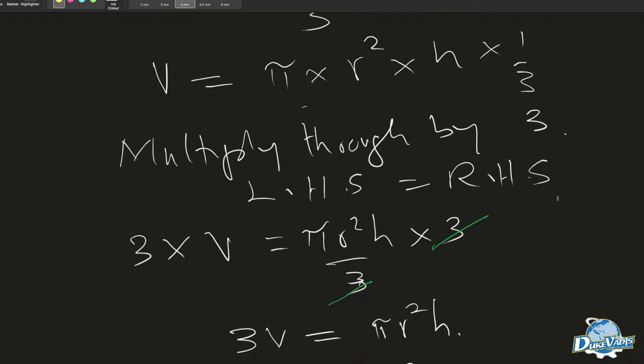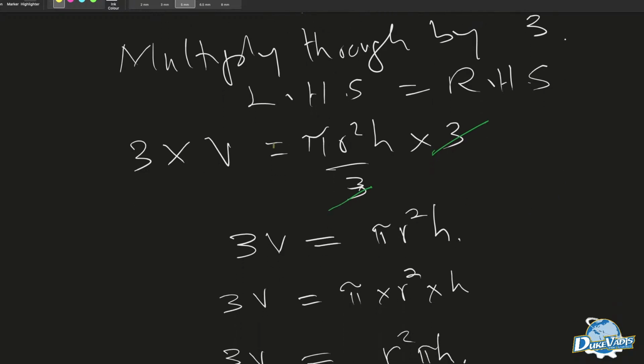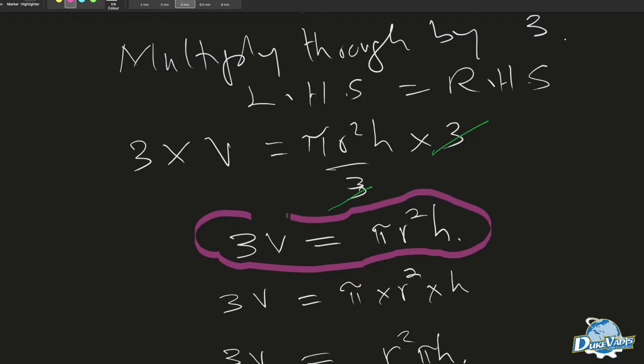When we multiply through by 3, the v becomes 3v, and the pi r squared h over 3 multiplied by 3, the 3s cancel each other. So we get 3v is equal to pi r squared h. Friends, it's easy.